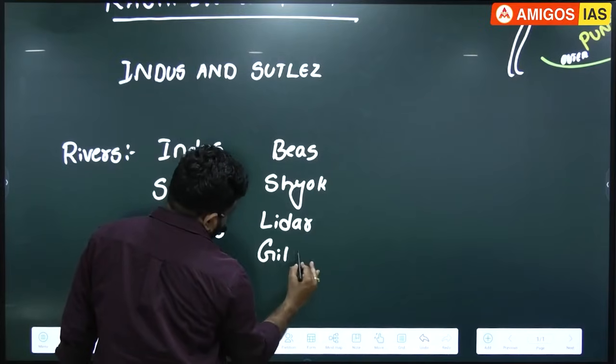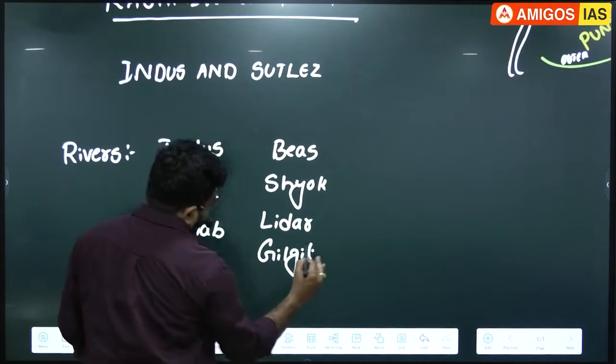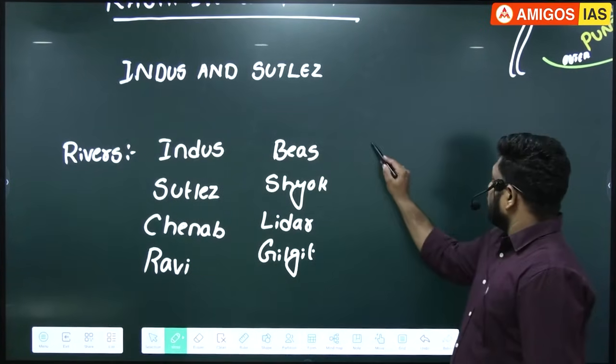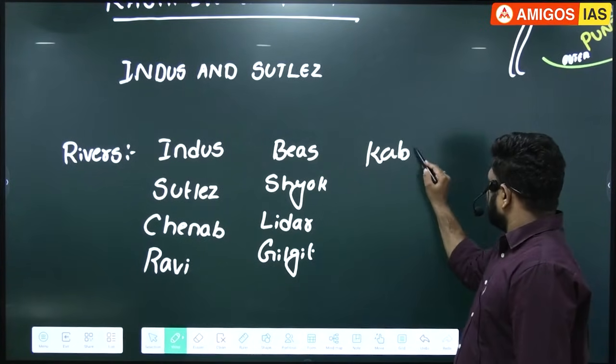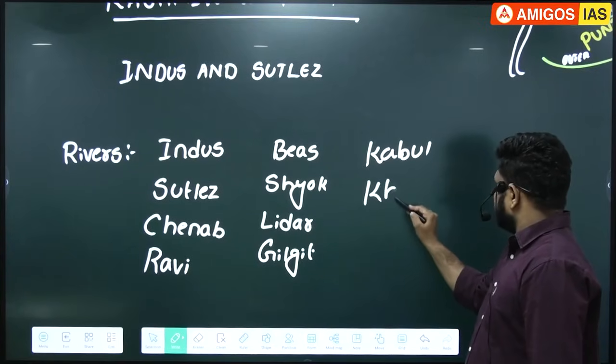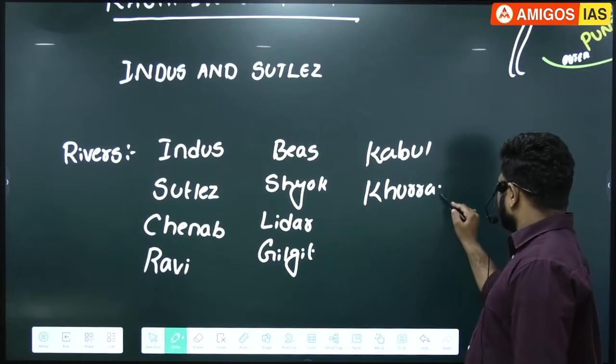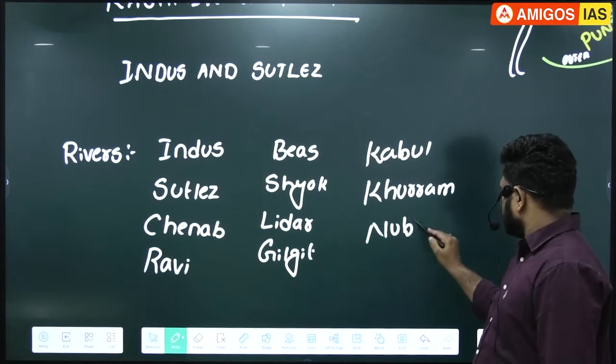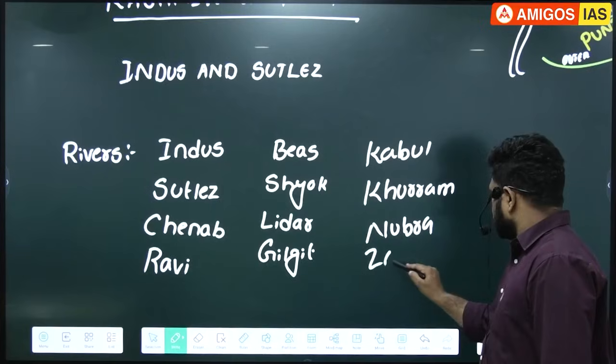Gilgit, Beas, Shyok, Lidar, Gilgit, Kabul, Khurram, Nubra, Janskar.